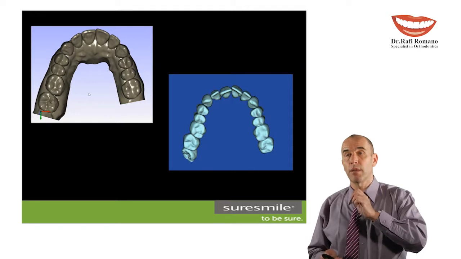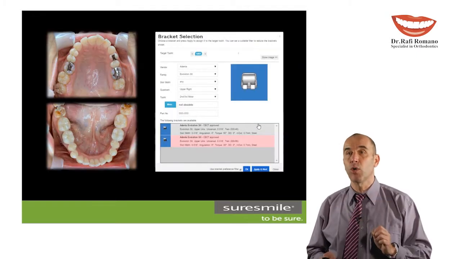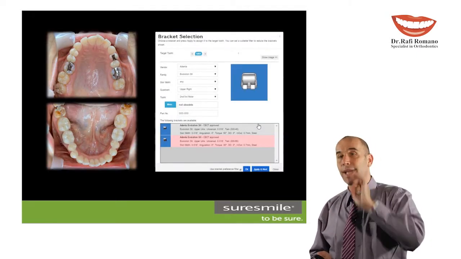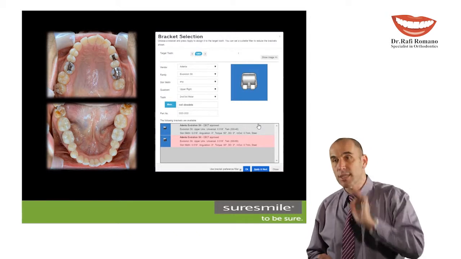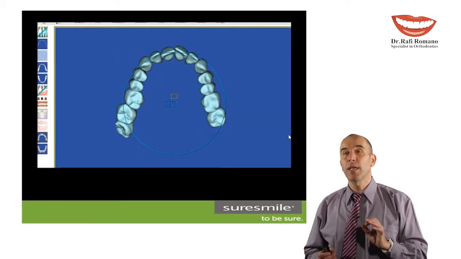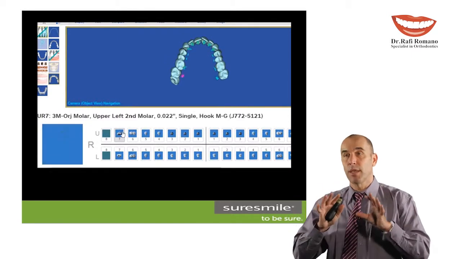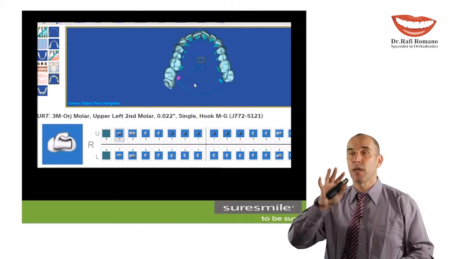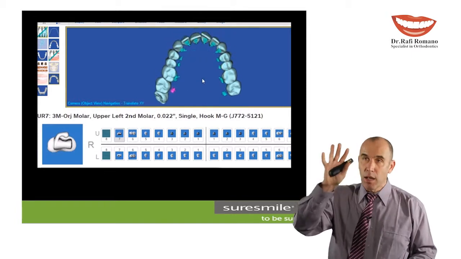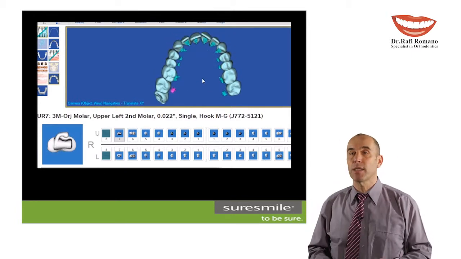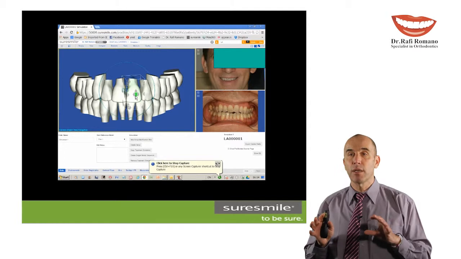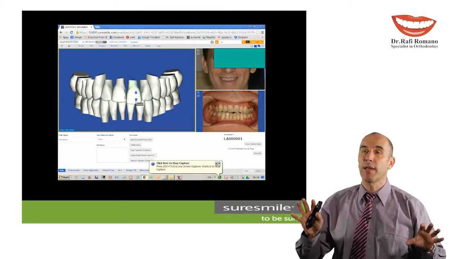So we use the computer in order to choose the brackets that we want, the slot size that we want, and then we put the brackets on the virtual model, place it on the teeth, change the location of the brackets if we want, do all the treatment plan on the computer.